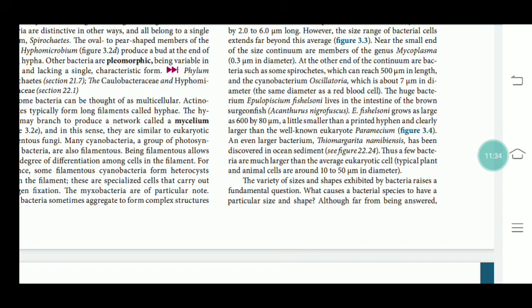An even larger bacterium, Thiomargarita namibiensis, has been discovered in ocean sediment. Thus, a few bacteria are much larger than the average eukaryotic cell. So here we discussed the size of bacteria from small to larger.